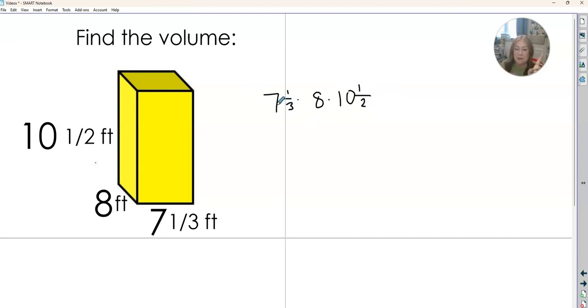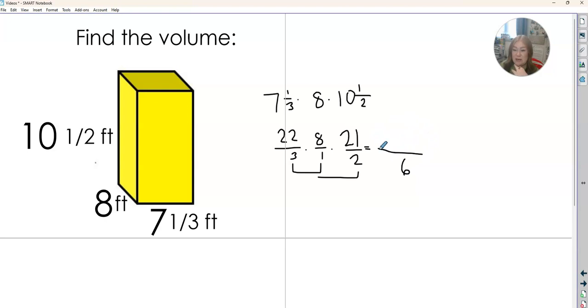So we have 7 times 3 is 21, plus 1 is 22 over 3, 8 over 1, times 10 times 2 is 20, plus 1 is 21 over 2. So in our calculator, we're going to do 22 times 8 times 21 to find the numerator. And the denominator we can probably just do 3 times 1 is 3 times 2 is 6.